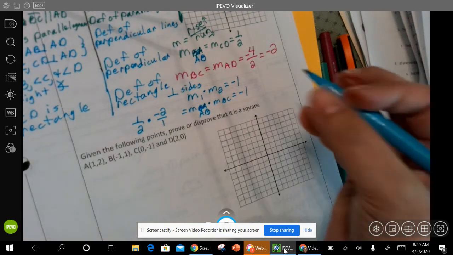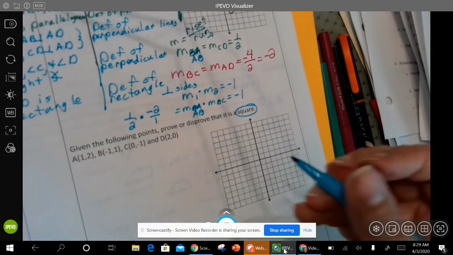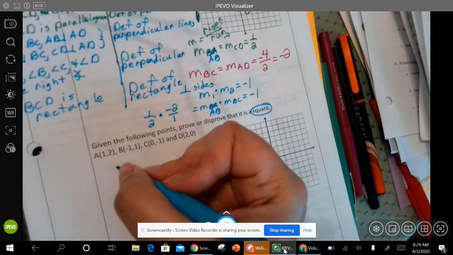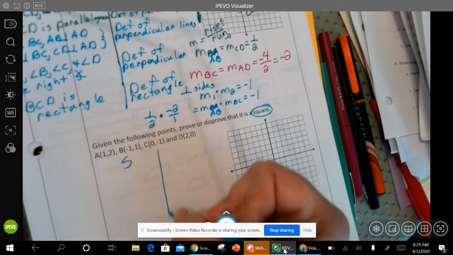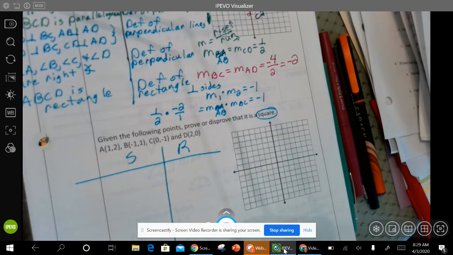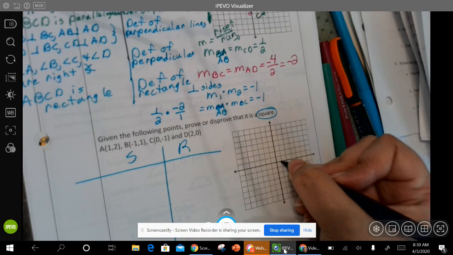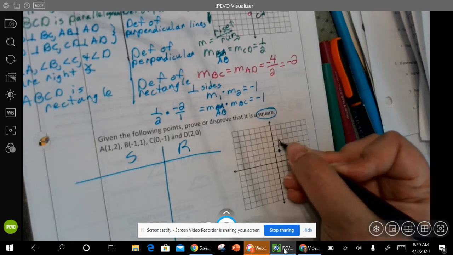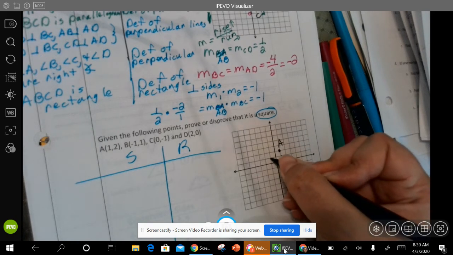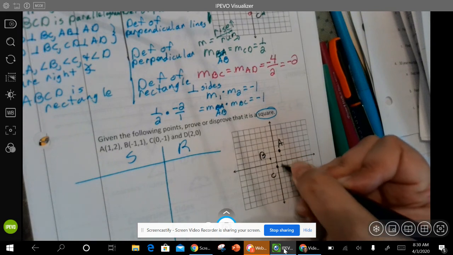Whew. Okay, so this one, again, prove or disprove that it's a square. So of course we're going to graph it, everybody. So 1, 1, 2. 0, -1.